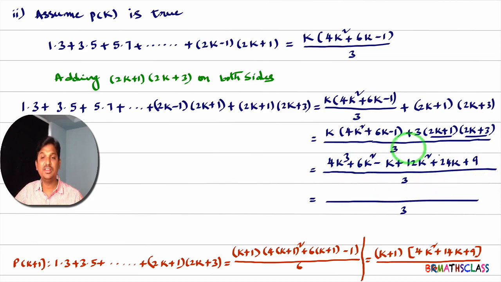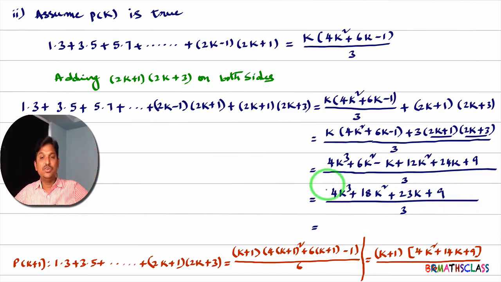If I simplify further in the numerator, what I'll get? I'll get like this: 4k cube plus, see here, 6k square plus 12k square is 18k square, minus k plus 24k is plus 23k plus 9.